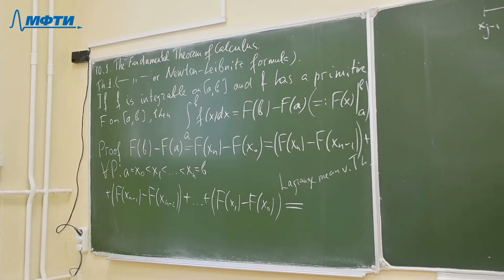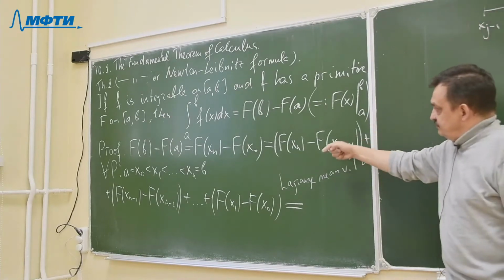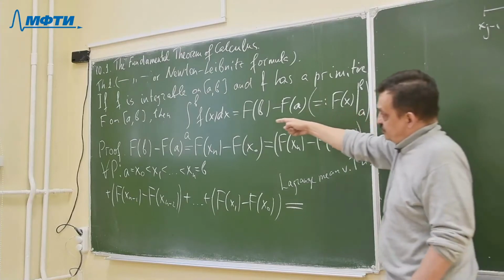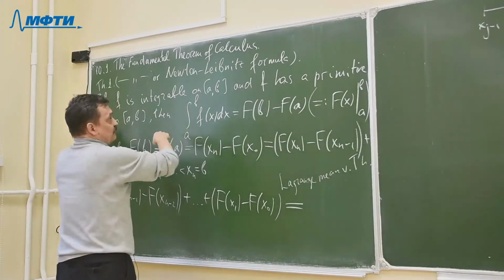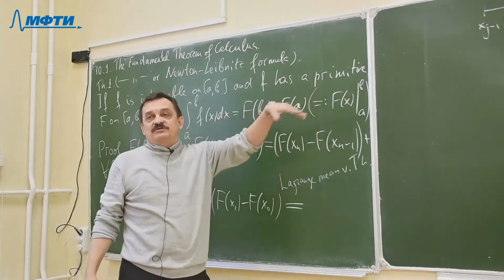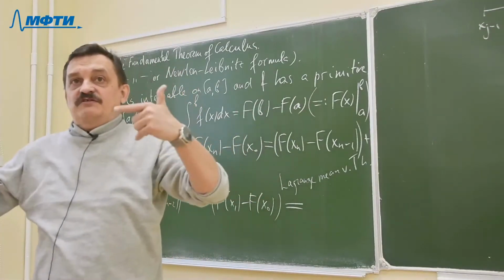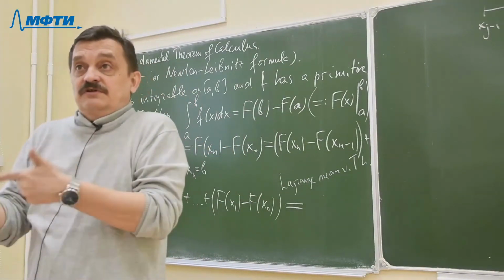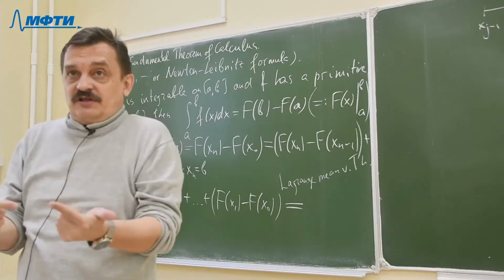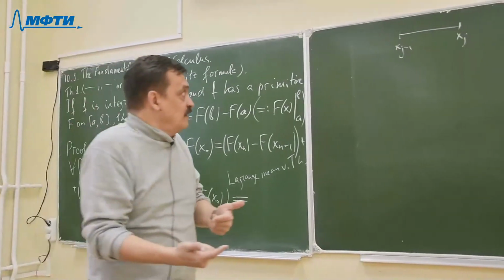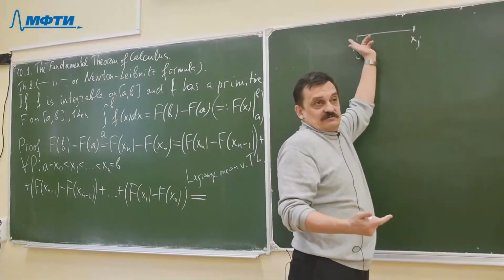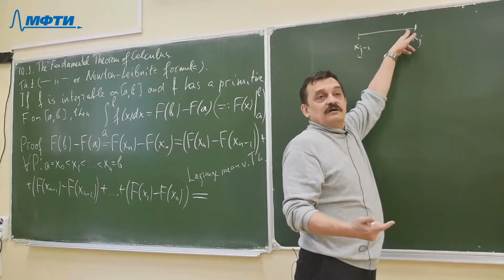On this interval, capital F is differentiable because F is a primitive. And what does primitive mean? Primitive means capital F prime equals little f. So capital F is differentiable on this interval.